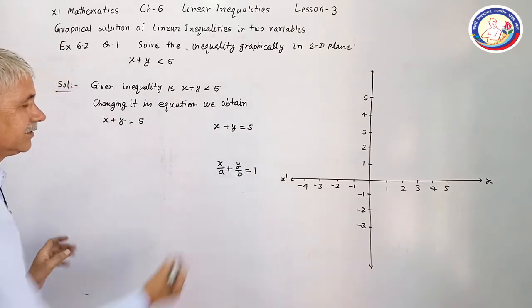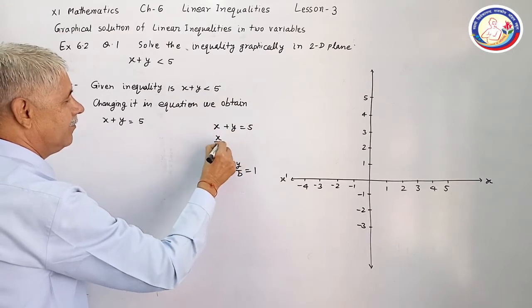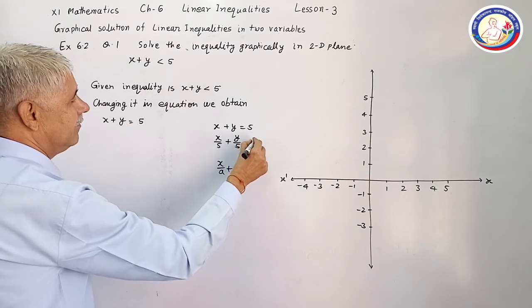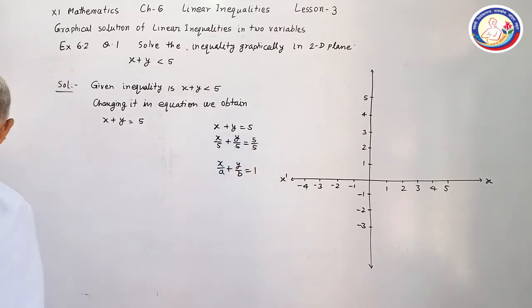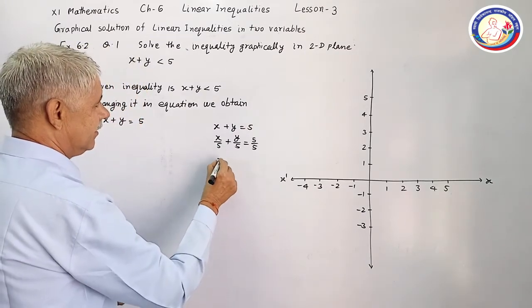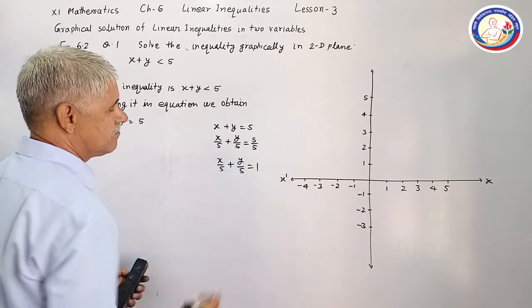Here we can change this by dividing all the terms by 5. Say x upon 5 plus y upon 5 equal to 5 upon 5. And this will lead us to the form x upon 5 plus y upon 5 equal to 1.